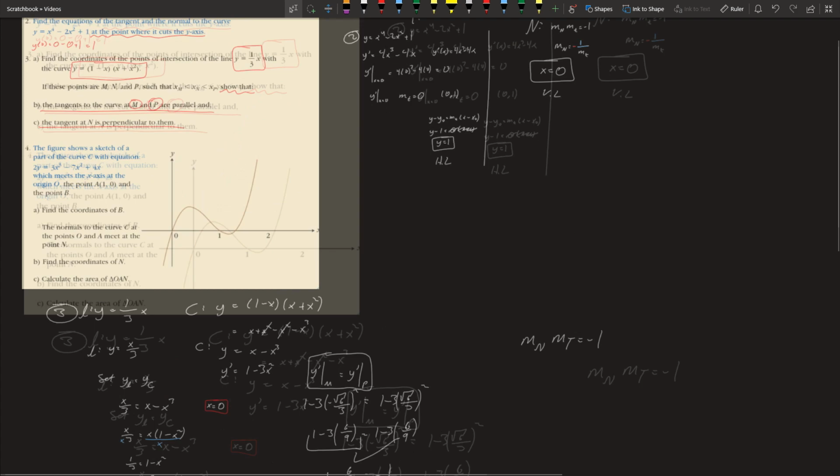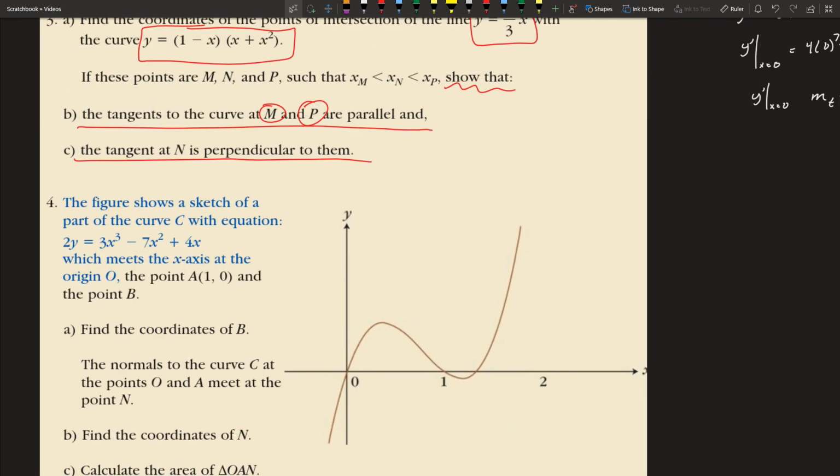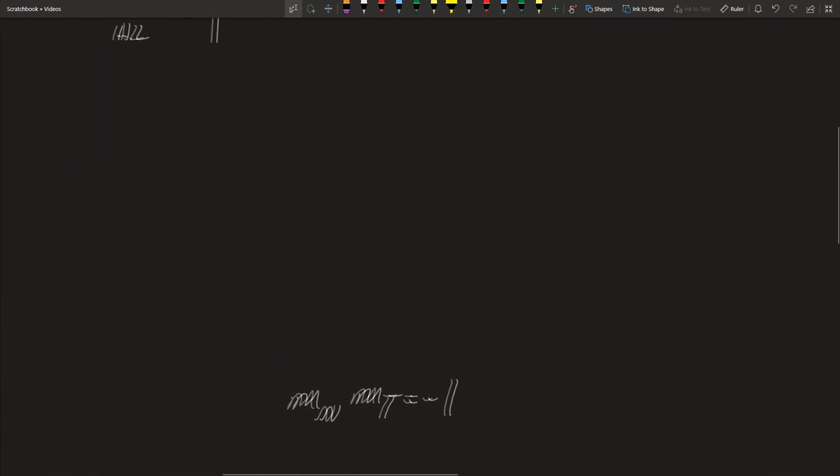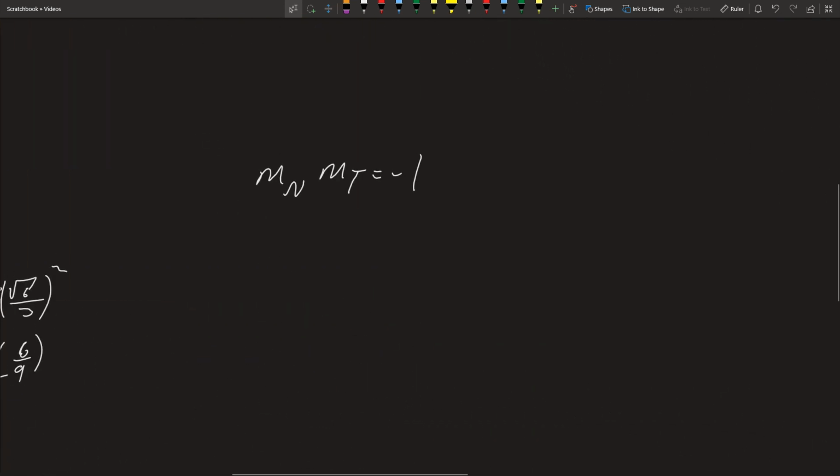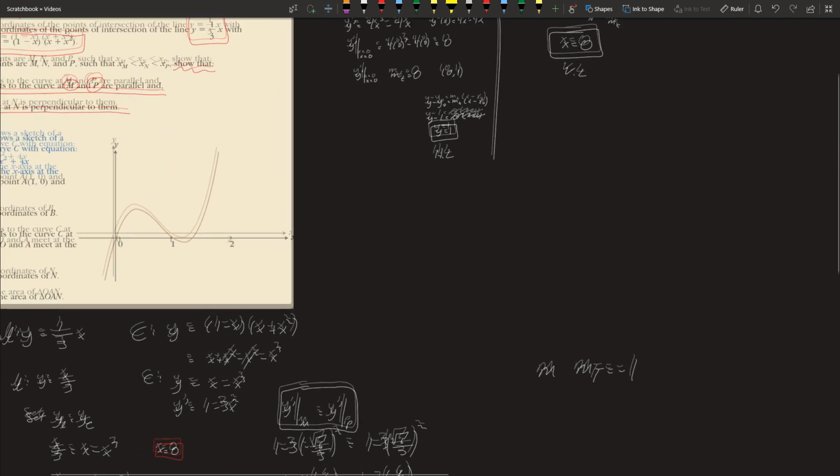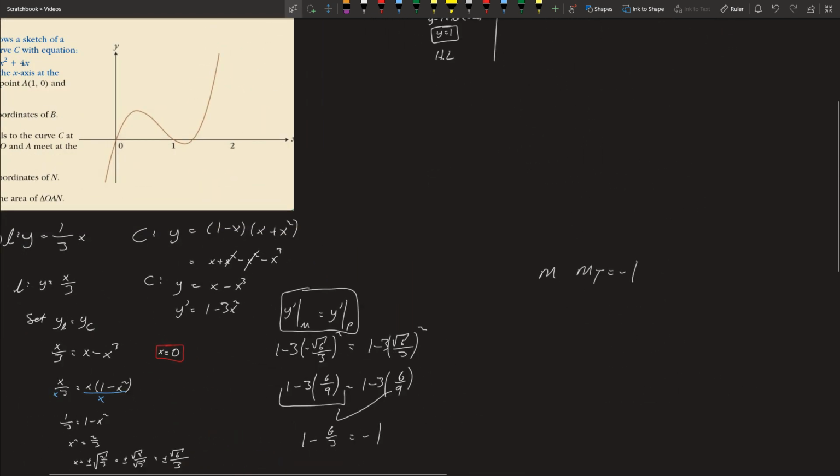We need to verify that the tangent at N is perpendicular to them. So instead of saying the slope of the normal, which is not the case, let's just say it's the slope at point N. Anyways, the slope at N times the slope of the tangent, which is -1, is equal to -1. So the slope at N should be 1. Now we need to verify this.